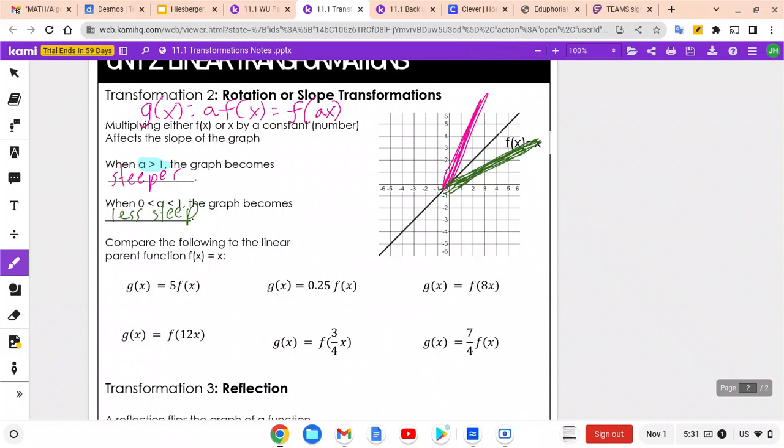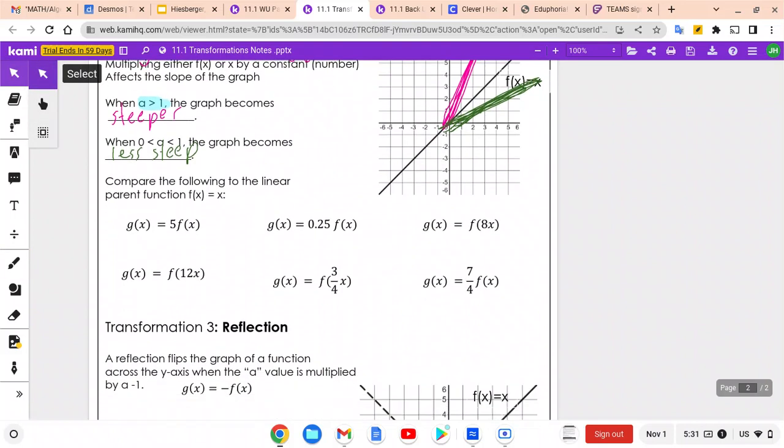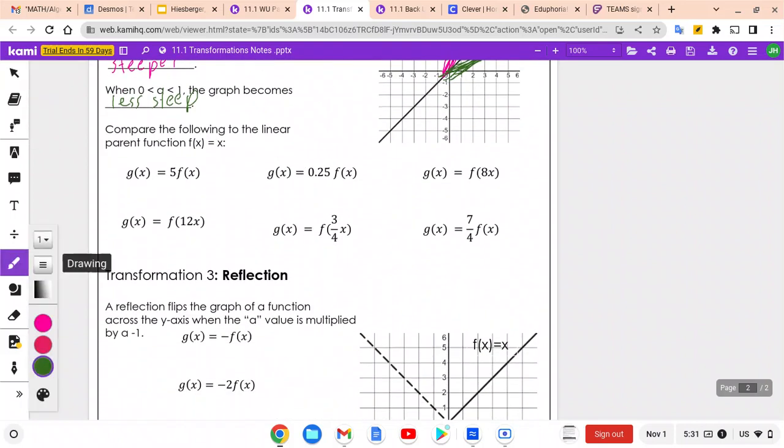Let's take a look at some examples. We have 5 multiplied by f of x. That's going to be more steep. But if you have 0.25 f of x, it's going to be less steep because 0.25 is less than 1, but it's still greater than 0.